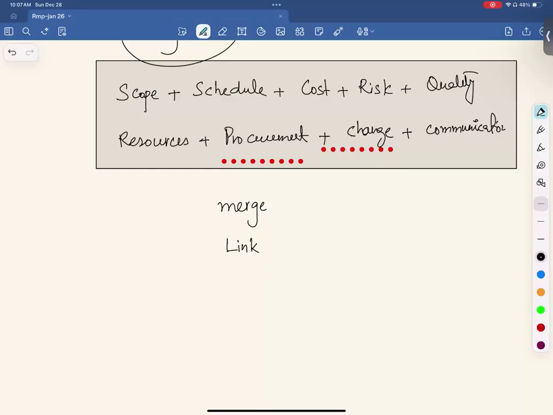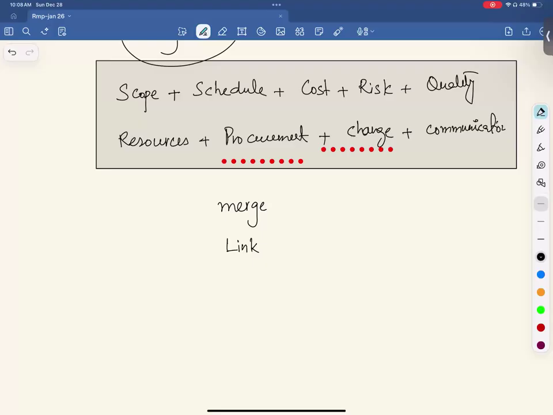Implement a system, right? So see, all these things are interrelated with each other. You cannot manage them independently. Let's say we are all part of a team, and Rifat is manager scheduling, Arslan is manager communication, Umesh is manager resources, and Abid is manager scope.